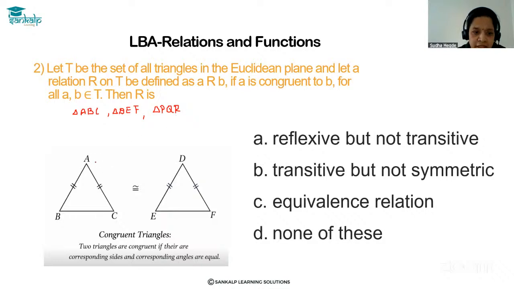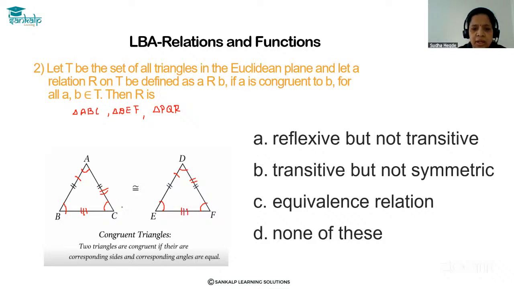If you take these two triangles as congruent, then this angle must be equal to this, and this angle must be equal to this. Similarly, this side must be equal to this side, and this side must be equal to this.